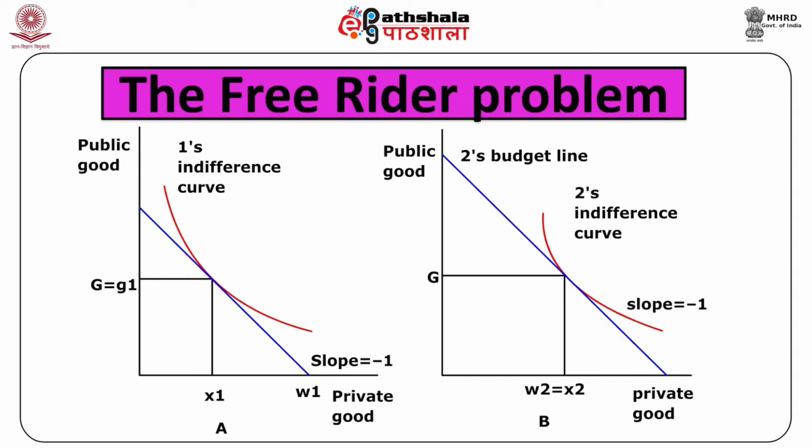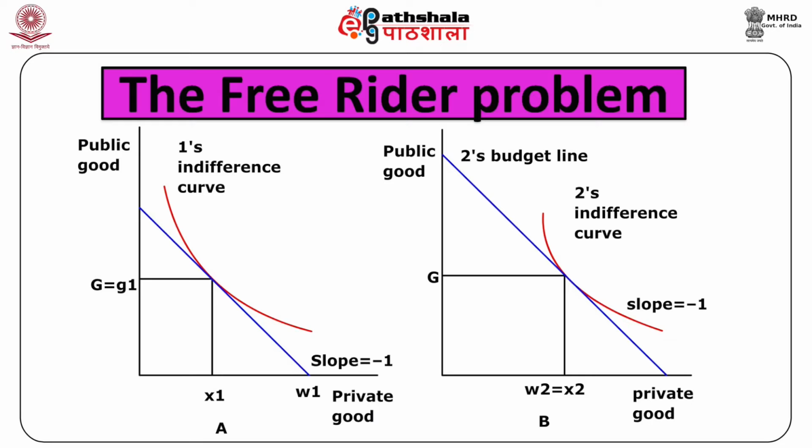A case like this is depicted in figure 4.1. Here, each person's private consumption is illustrated on the horizontal axis and his public consumption on the vertical axis. The endowment of each person consists of his wealth Wi along with the amount of public good contribution of the other person, since this is how much of the public good will be available if the person in question decides not to contribute.